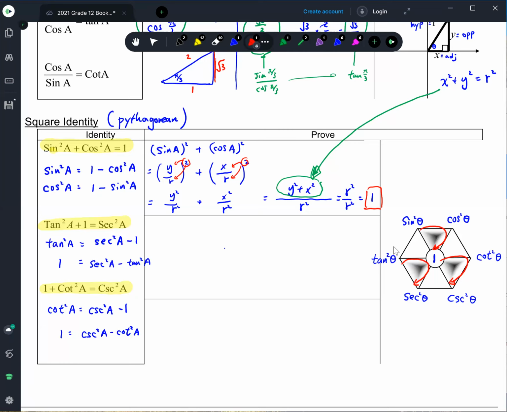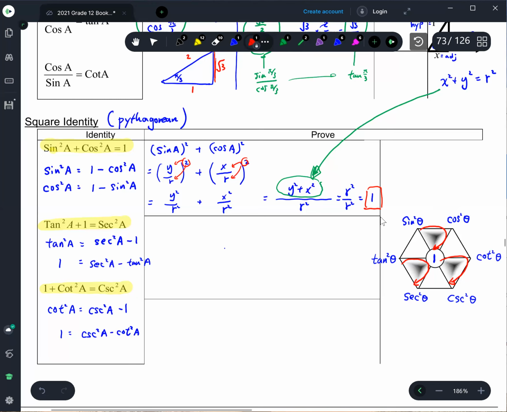Please raise your hand if you finish all the notes here. This hexagon is very useful.